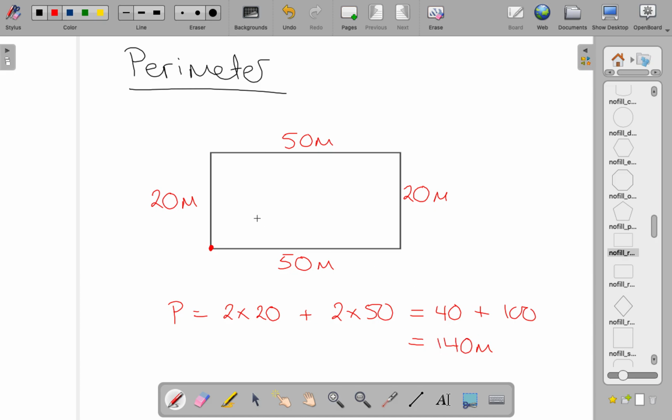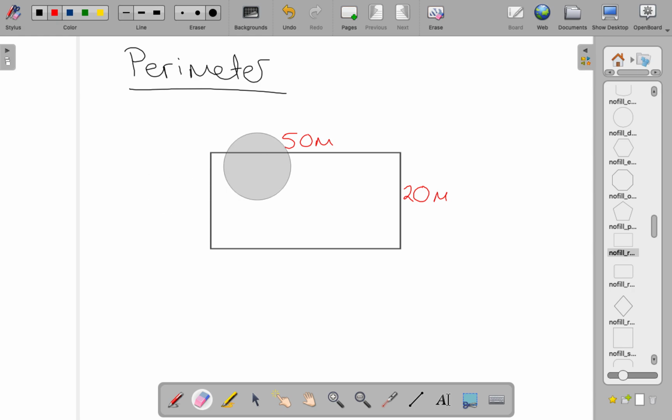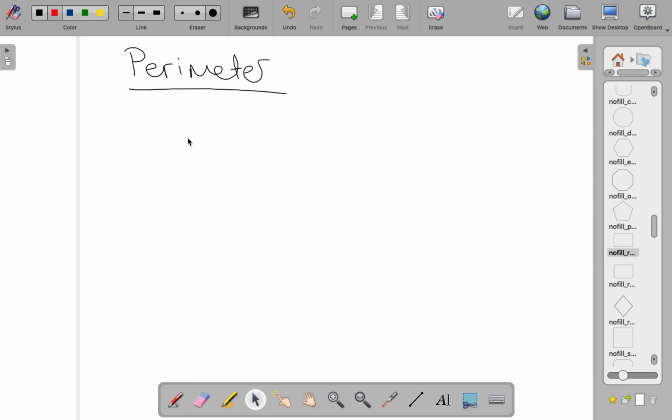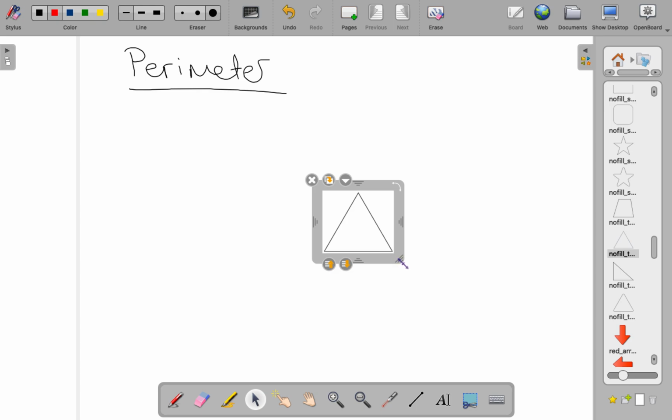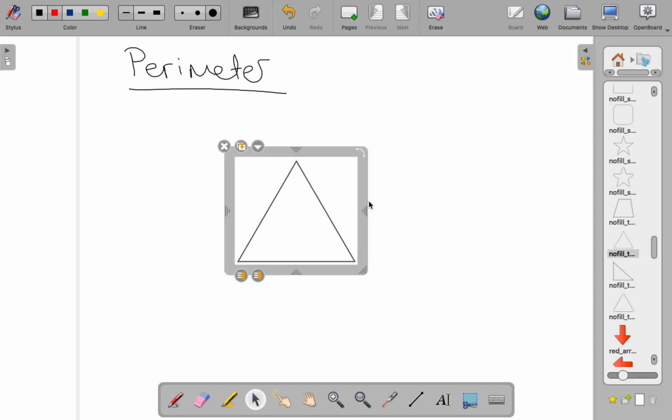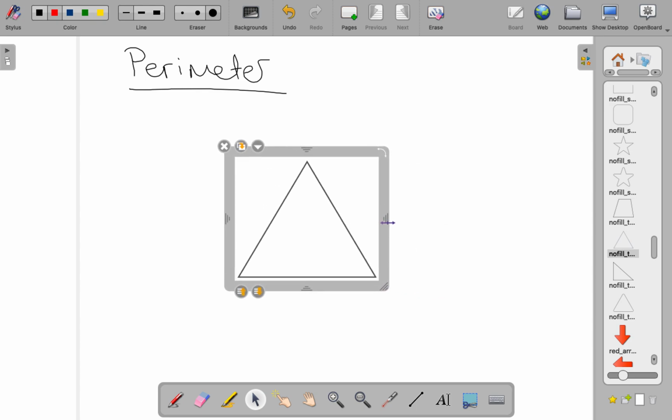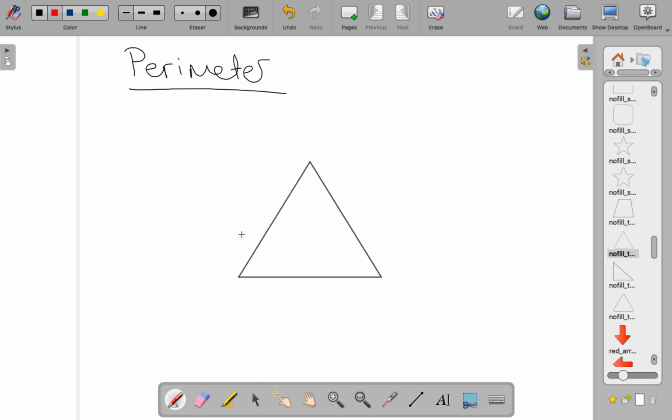Let's try it with another shape. If I rub all this out again, you can do it with a triangle, any shape really, any shape that you can walk around. So let's try a triangle. Let's say it's an equilateral triangle, which means that all sides have the same length. Let's say we're given this 6 meters.